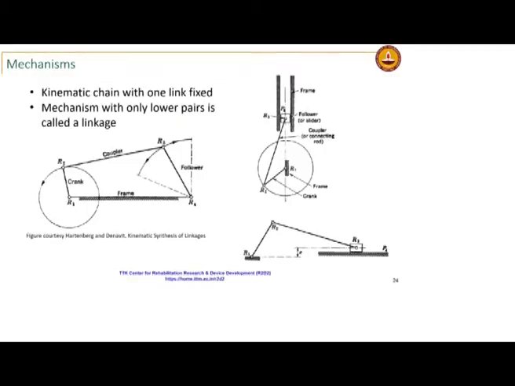A closed kinematic chain with one link fixed forms a mechanism. So, in a 4 bar mechanism, which is one of the most common mechanisms we will encounter, the fixed link is called the frame, and your input is typically called the crank.